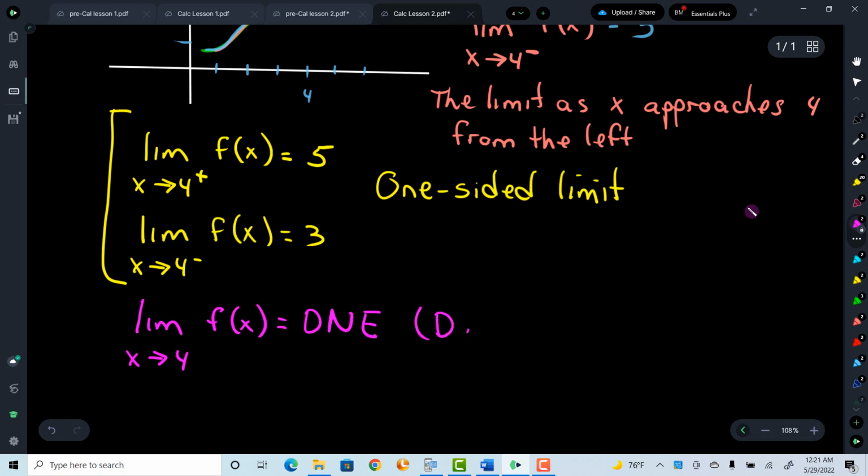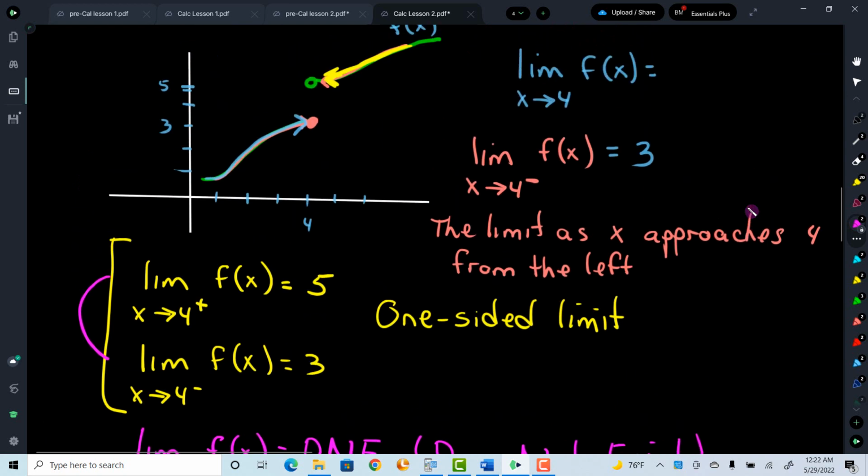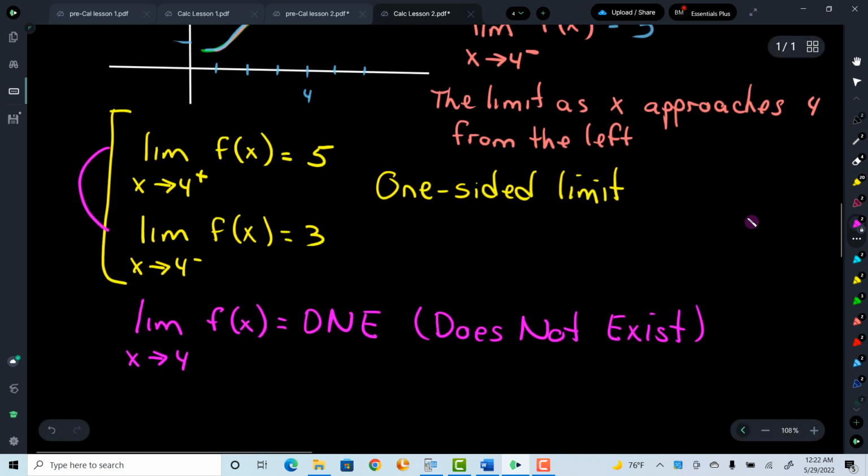That stands for does not exist. Since these two are not equal, the limit from the right is not the same as the limit from the left, then the limit does not exist.